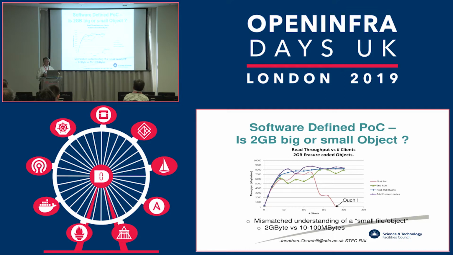Now, we're trying to take an object that's 2 gigabytes in size and read it. In an erasure-coded system, what they were doing was sucking in all the pieces for the erasure-coded file, pulling it into memory, and then sending it off to the client. Unsurprisingly, if you do that for one file, that's fine. But if you start doing it for 10 files or 100 files, guess what? You run out of memory. And that's exactly what happened here.